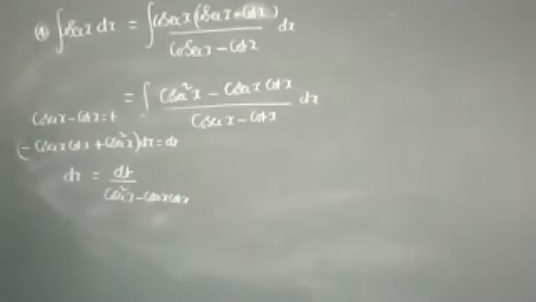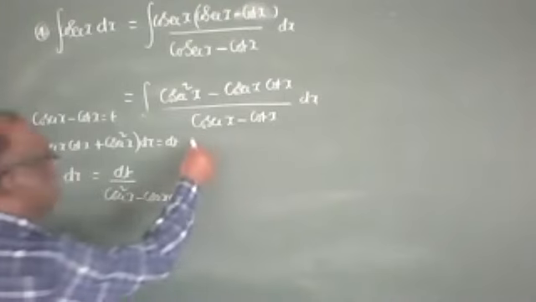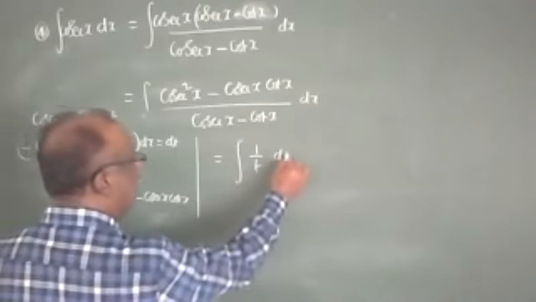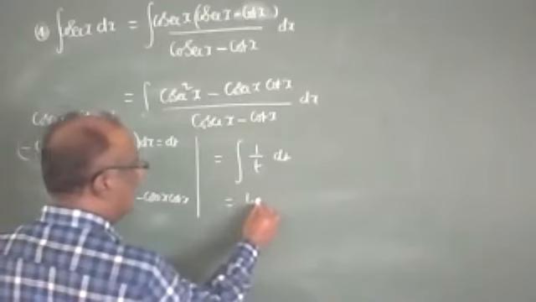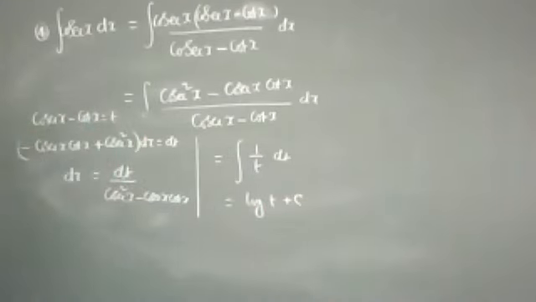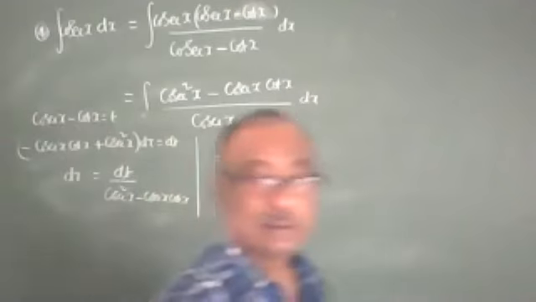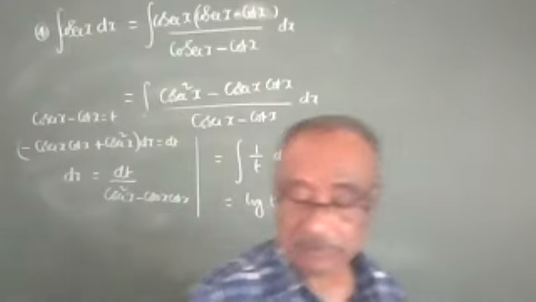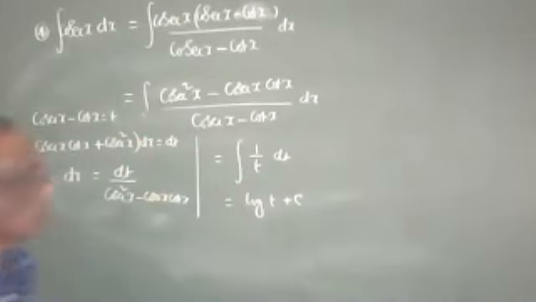Substitution in this problem, cancel, we get 1 by t into dt, that is equal to log t plus c. t means cosecant x minus cot x. So cosecant integration is also completed everyone. So this method is completed.